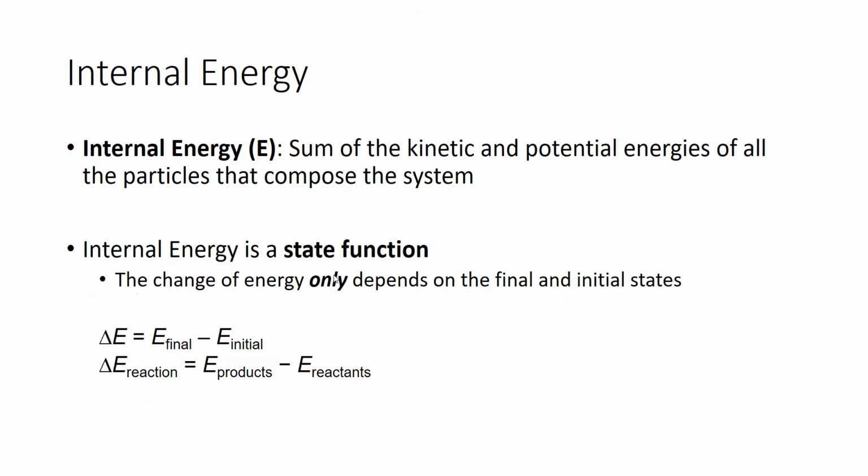So we have this idea of internal energy. What is internal energy? It's the energy inside of your system, and it's kinetic plus potential. At the very beginning of this lecture, I said we're talking about 4 types of energy, and I said that's really only two types.